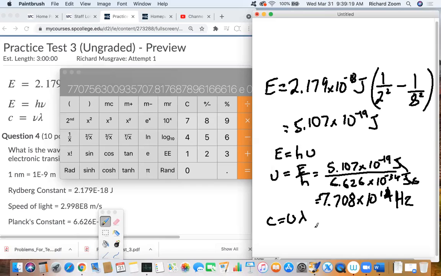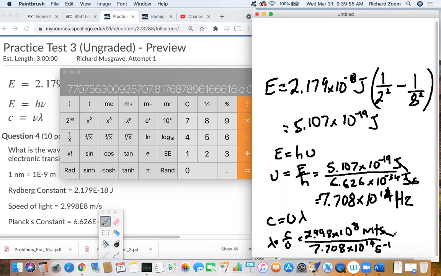So lambda equals c over nu. c is 2.998 times 10 to the 8th meters per second, over 7.708 times 10 to the 14th. And that's seconds to the -1 or hertz. They're really the same thing.